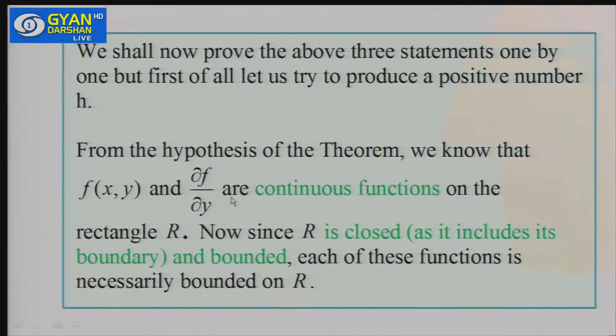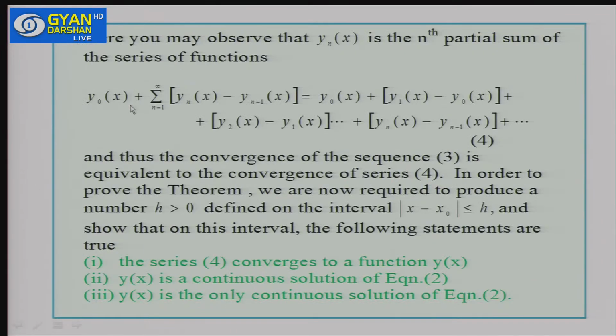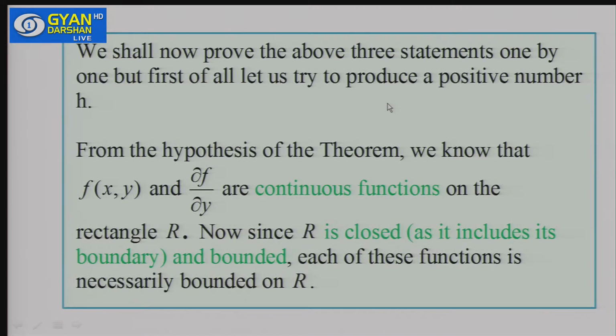Okay, so that's why. Now we are going to show these terms are bounded by some constants. If you want to show these terms are bounded, we are going to use whatever we have in our hand. We already have that f and del f del y are continuous in a bounded domain. This rectangle domain is closed and bounded.